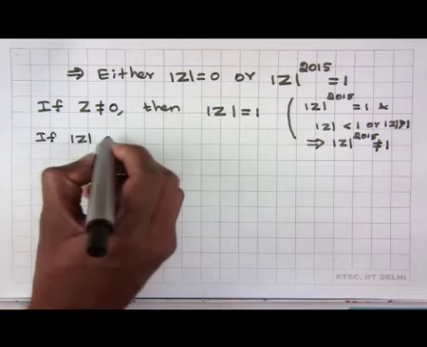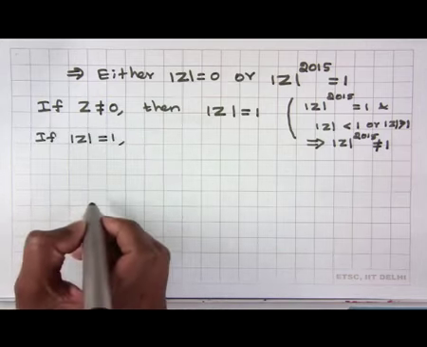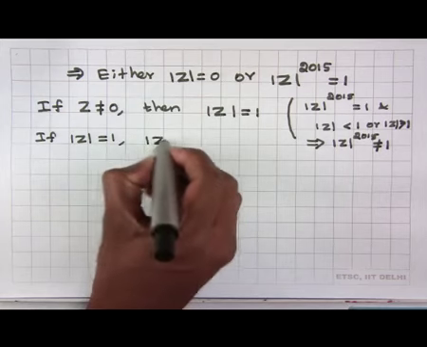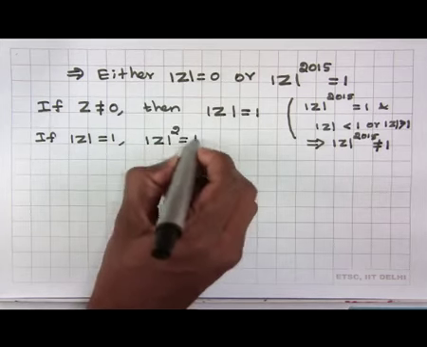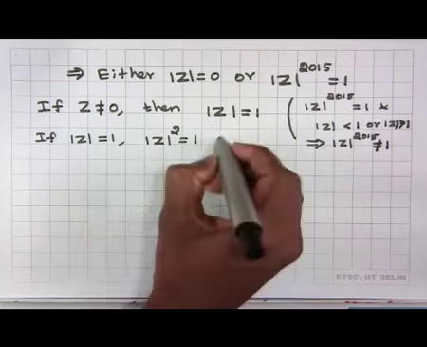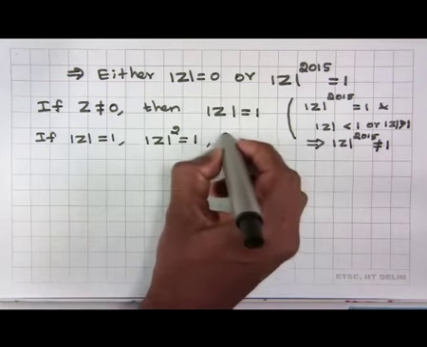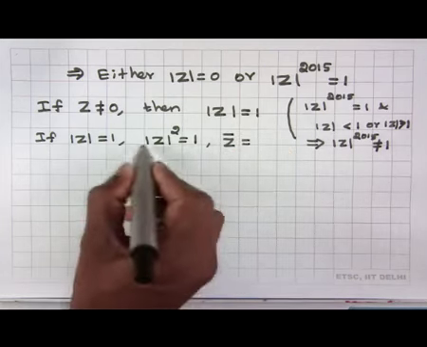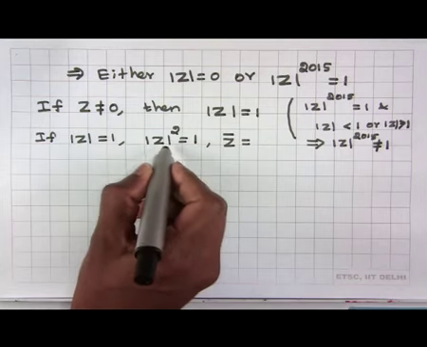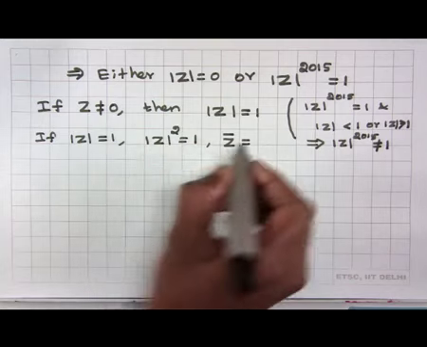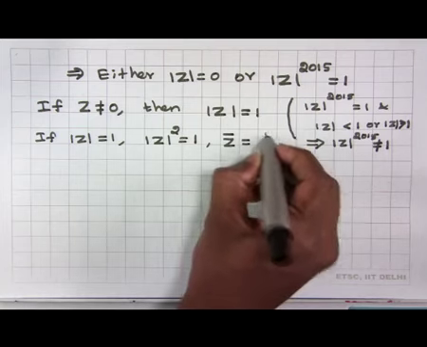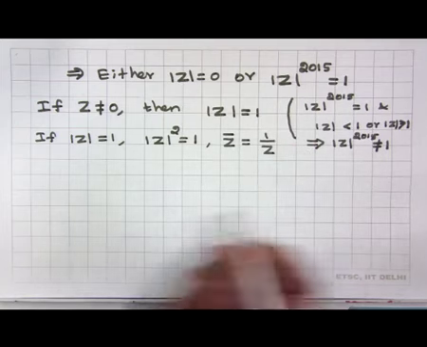If mod z equal to 1, then mod z square is again 1, and this will tell us immediately, we can write mod z square as z into z bar, that is the same as z bar is given by 1 by z.